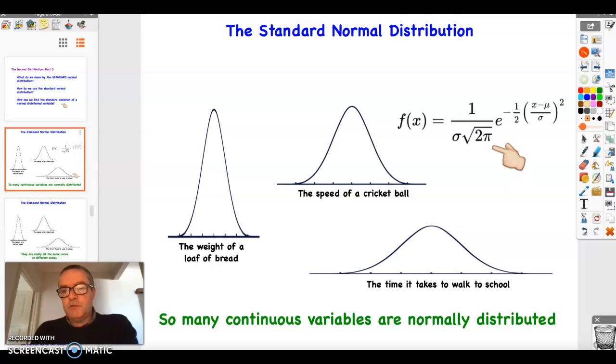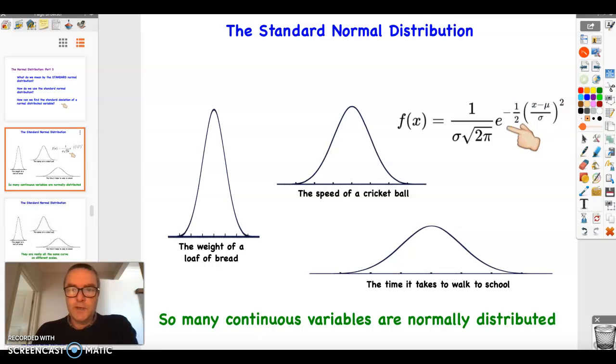I haven't mentioned this before, but here's the function that could be used to describe each of these curves. It looks a little bit more complicated than it really is. We've got the standard deviation used in that formula. We've got the mean of that distribution used in the function, and there's our value x.